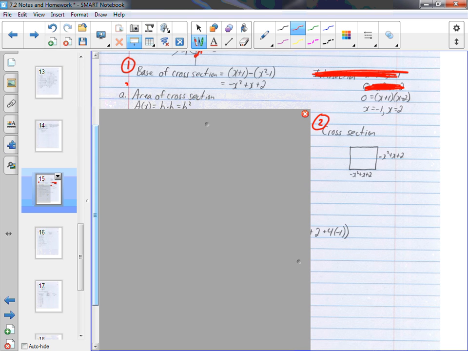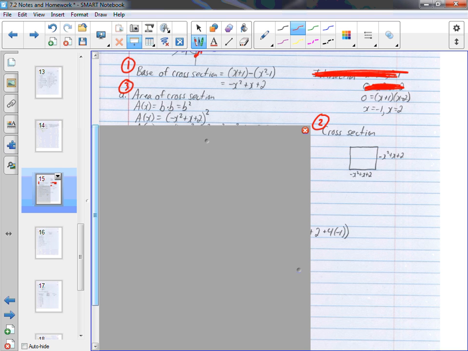So then here was the third thing I did. The area of the cross section, that's my A of x, equals base times base, side times side, side squared, base squared, negative x squared plus x plus 2, squared. All right.